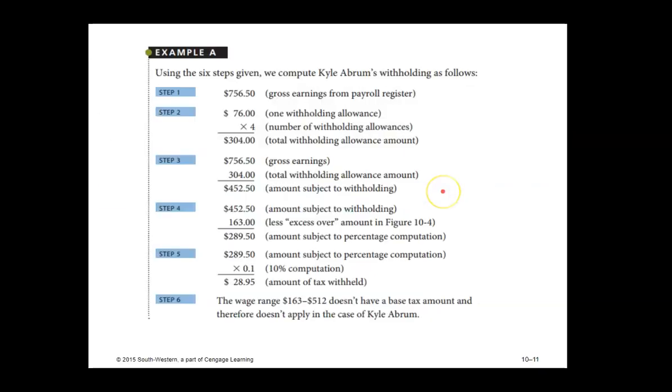And so there's a second method to calculate the amount of tax to be withheld from an employee's pay, and this is called the wage bracket method. And it's a lot simpler, but it's not the exact same amount that you would get by doing the percent method.